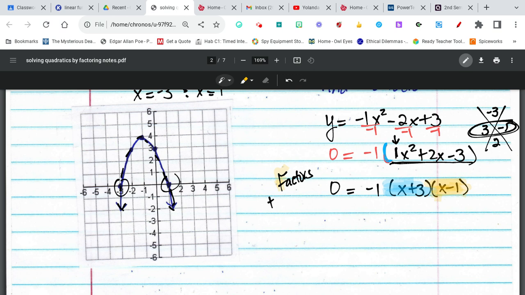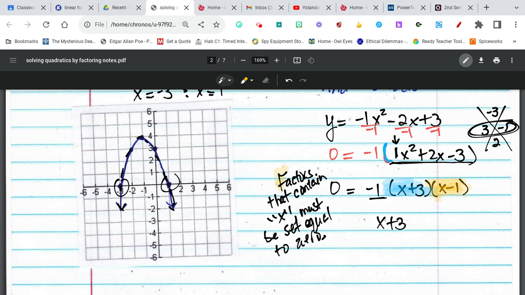So any factors that contain x, or whatever variable is being used, must be set equal to 0 in this step, okay? Now, if you got a factor that doesn't contain x, don't worry about it. Like, this factor doesn't contain x. I'm not going to worry about it.